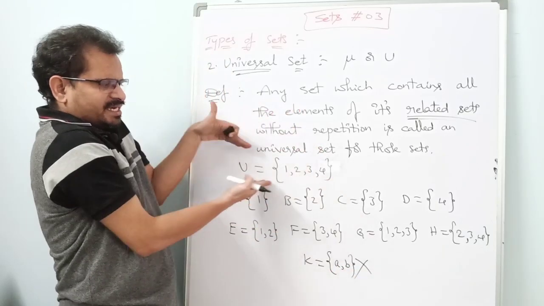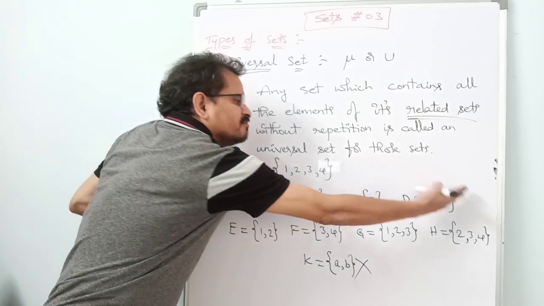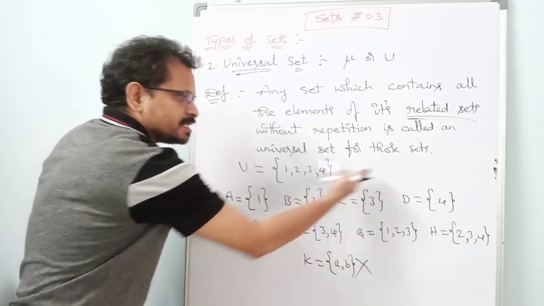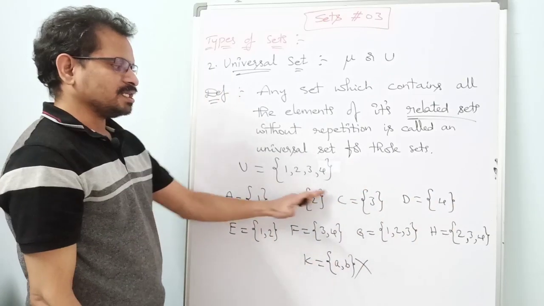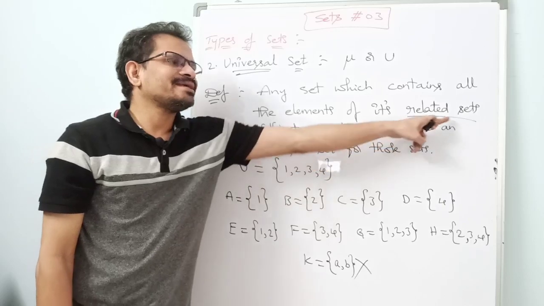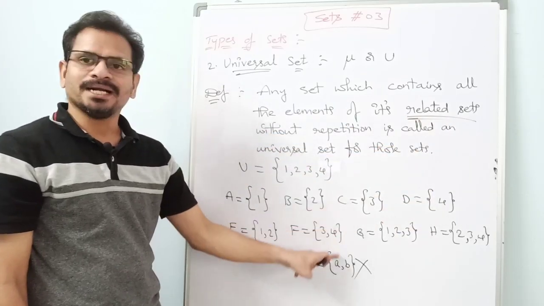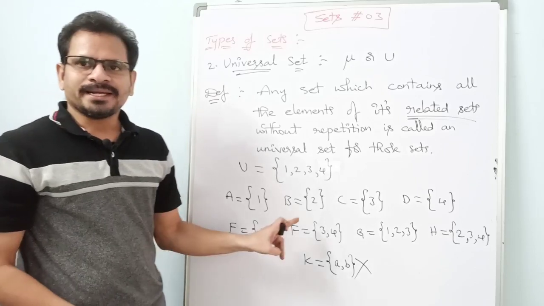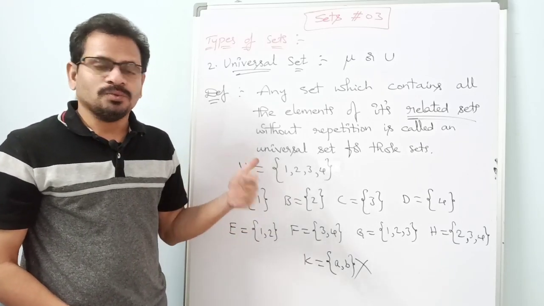Now this set is called the universal set for all these sets. What are these sets? These sets are nothing but related sets. They have one more name, which I will tell you in the next definition, our next topic.